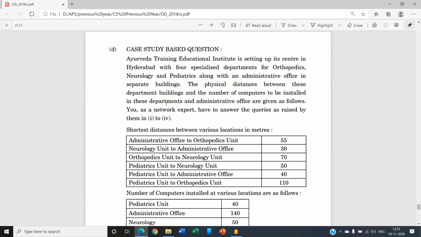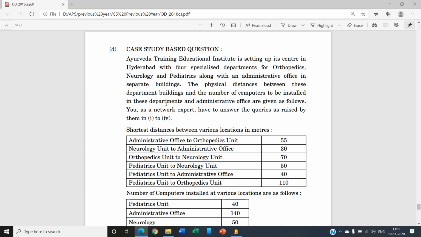The physical distance between these department buildings and the number of computers to be installed in these departments and the administrative office are given as follows. You, as a network expert, have to answer the queries raised by them.